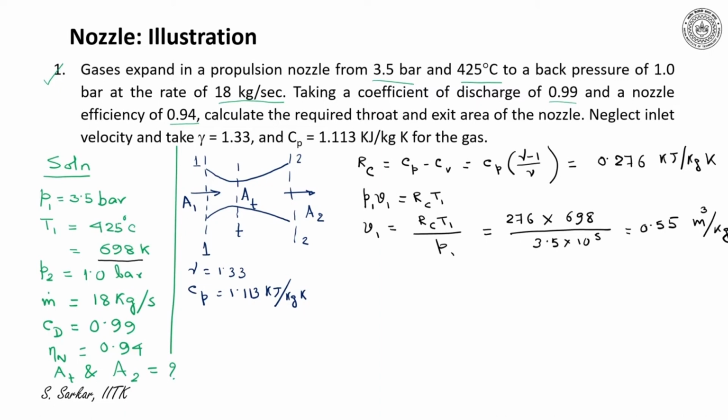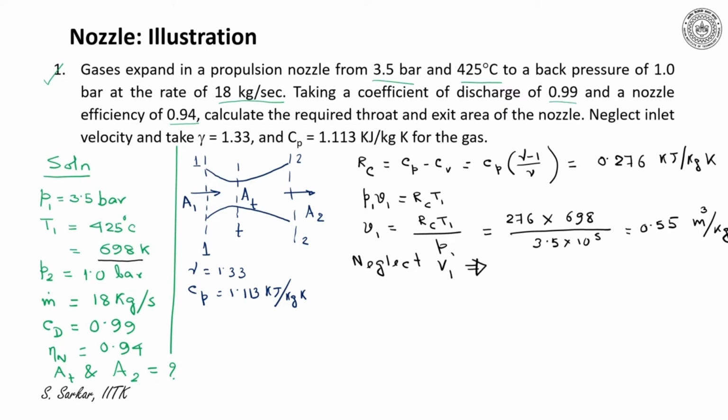Now if I neglect the approach velocity, that is, if I neglect the inlet velocity V1, then what I'll get?